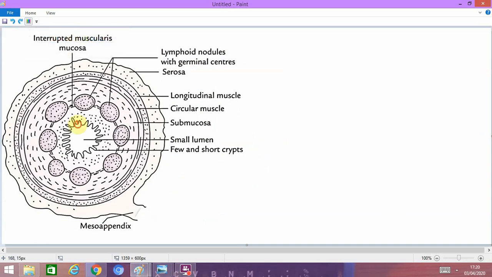So, this is the mucosa, and let's suppose that it is inflamed. And it has also inflamed the submucosa here. And this inflammation has caused lymphoid hyperplasia.